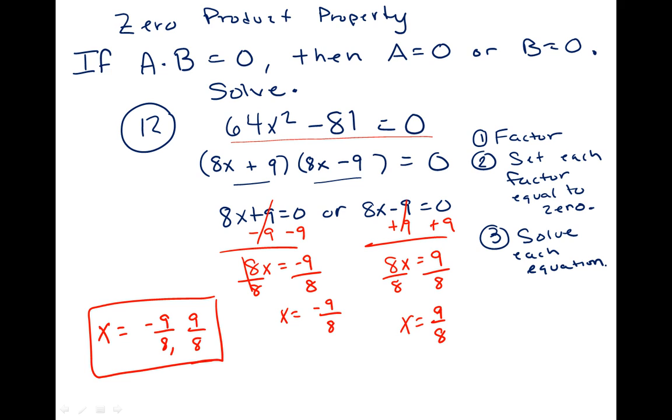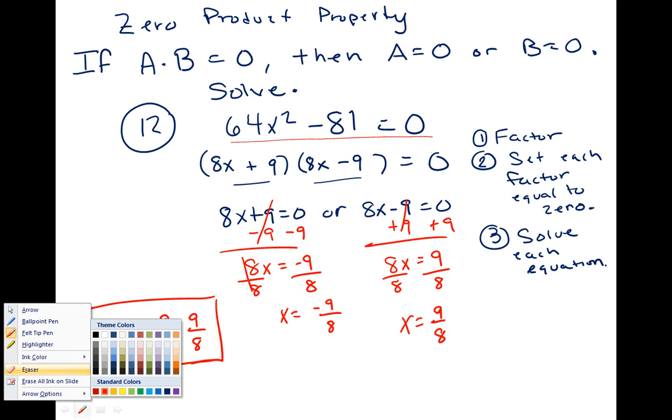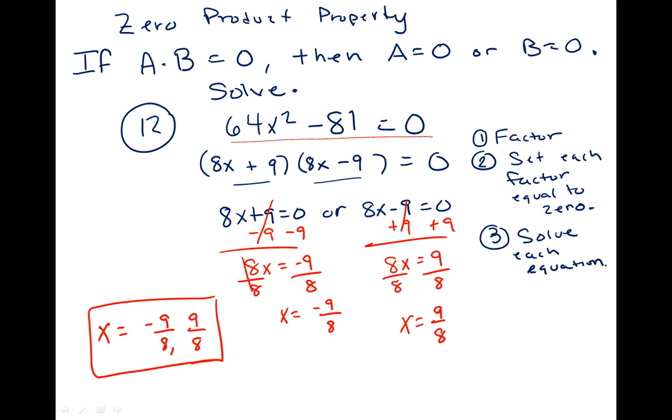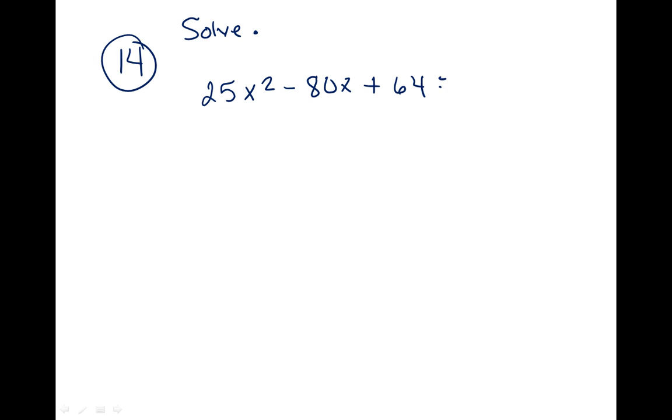Let's try one more of those. This is number 14 on your homework. Solve 25x squared minus 80x plus 64 equals 0.